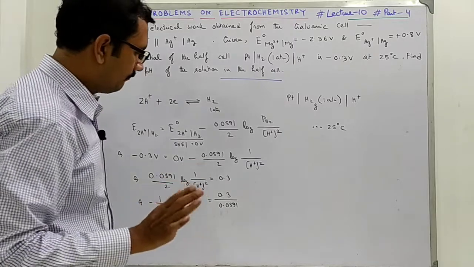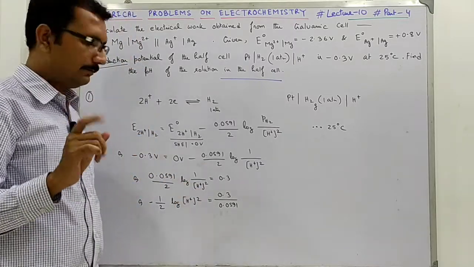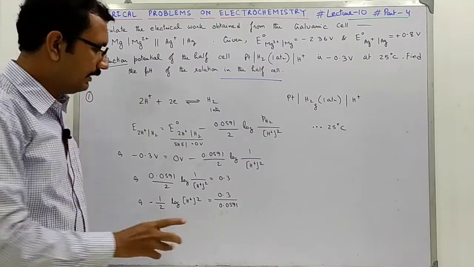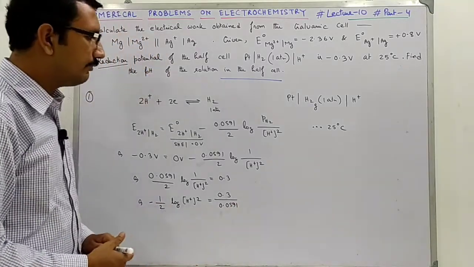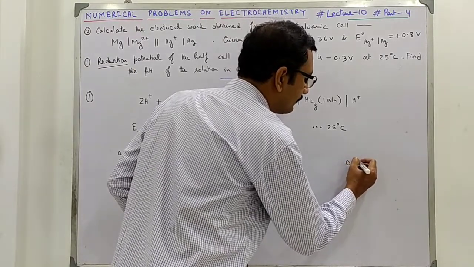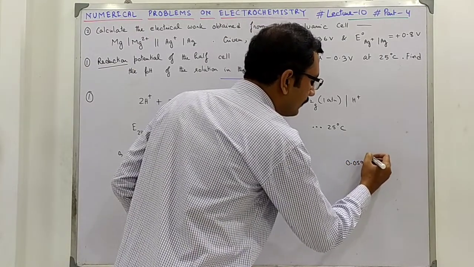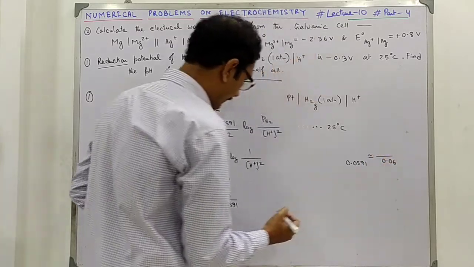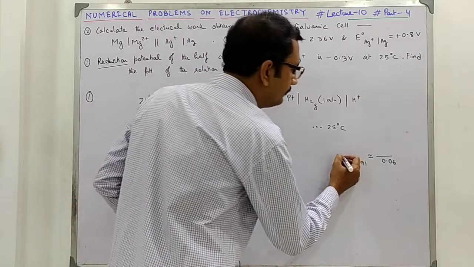Now, in competitive exams, do not take the calculator, it will simply waste your time. See, this is 0.0591. So, to a good approximation, we can consider it to be 0.06. Now, it is 0.3 above.